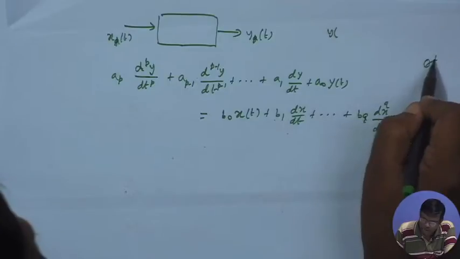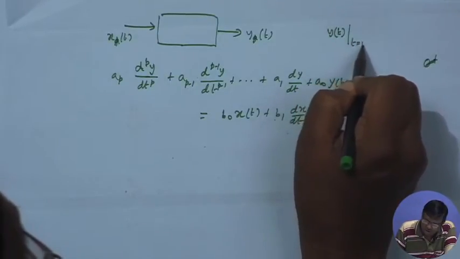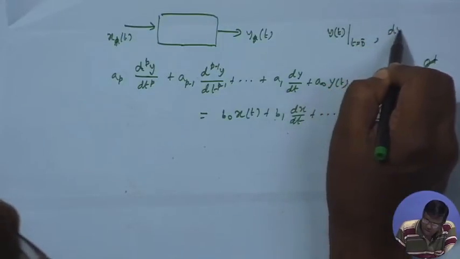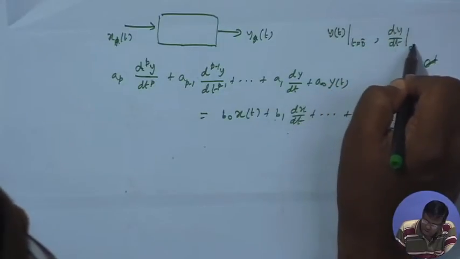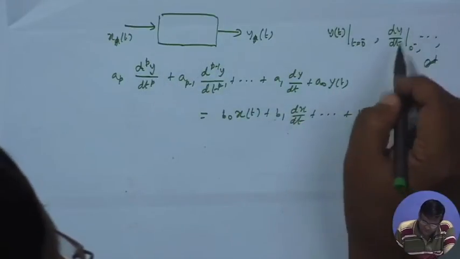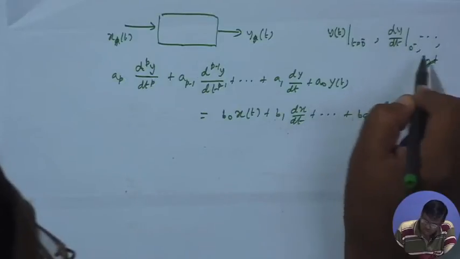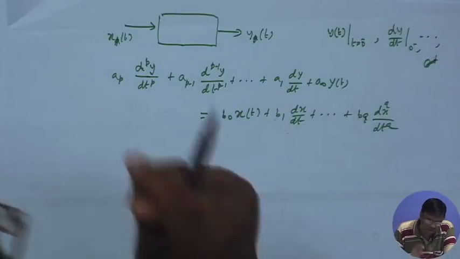And these initial conditions are given: the value of y at 0 minus, dy/dt at 0 minus, dot dot dot up to this.